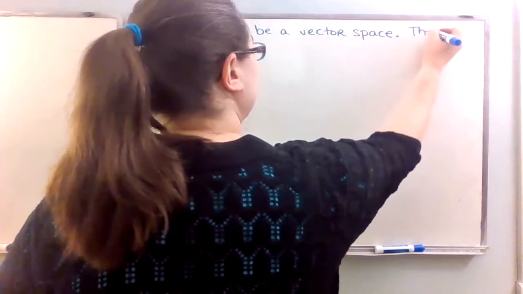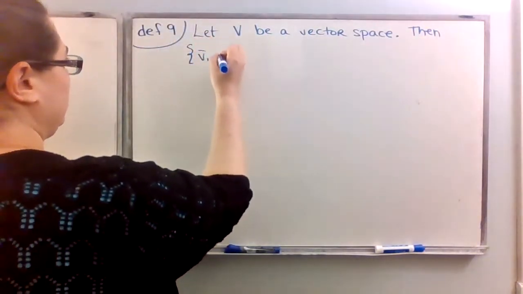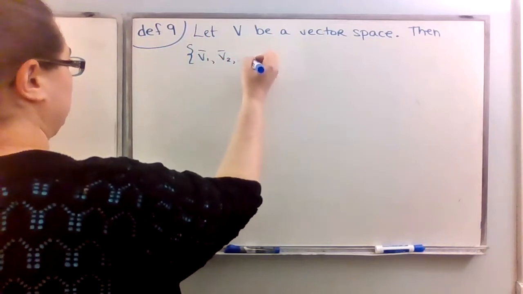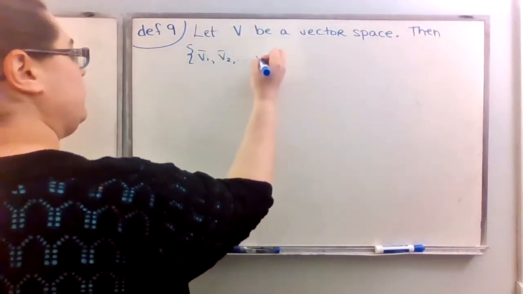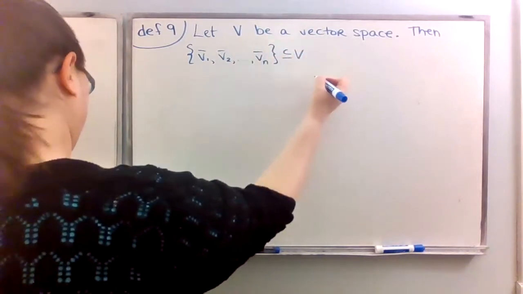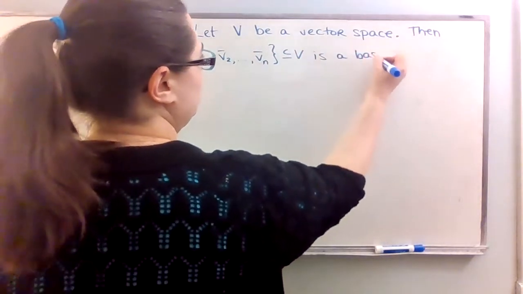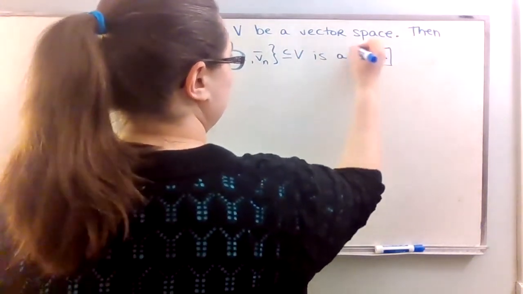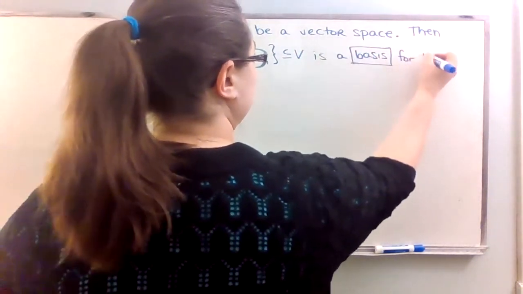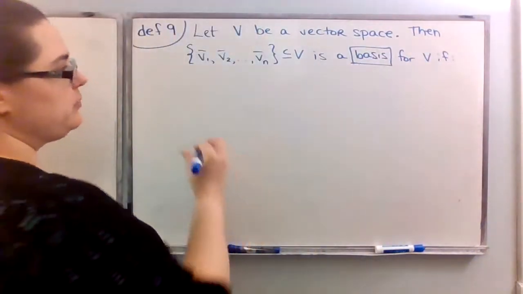Then the set containing V1, V2, all the way up to Vn, a subset of V, is a basis for V if, and we have two criteria we have to meet.